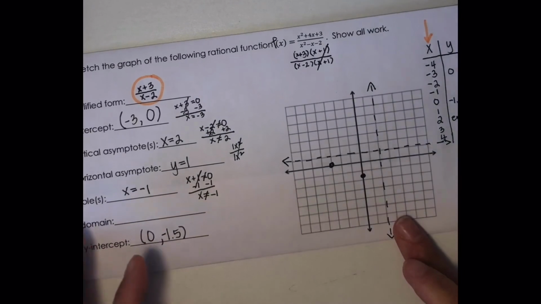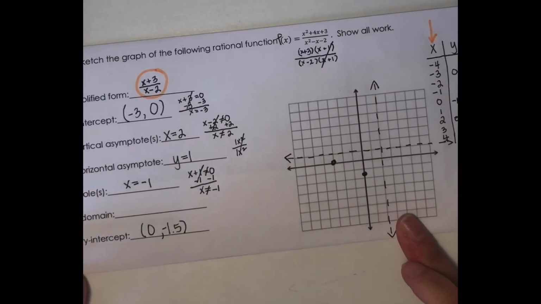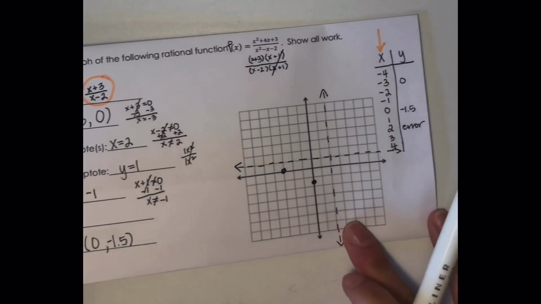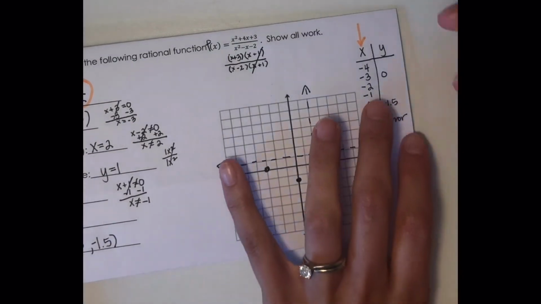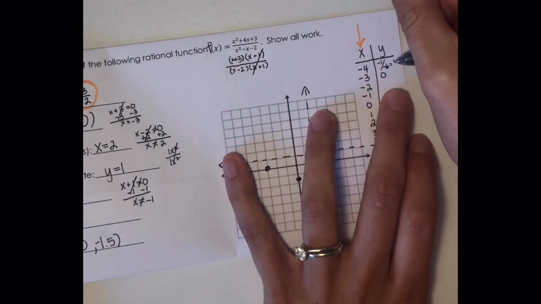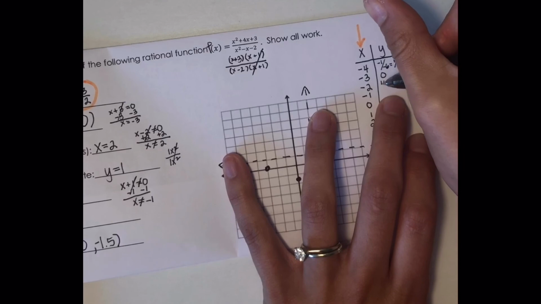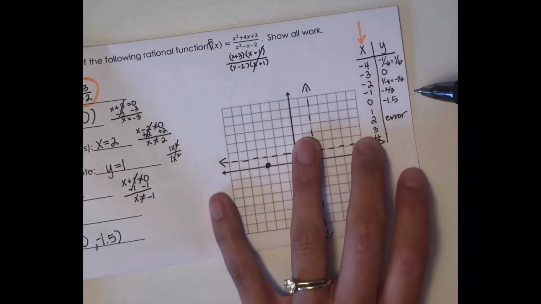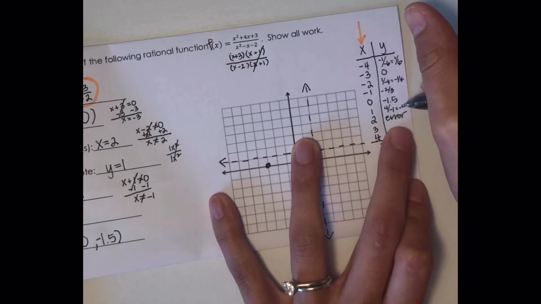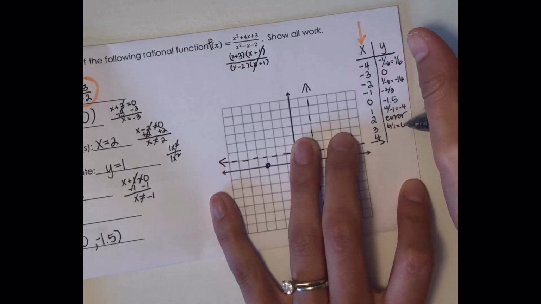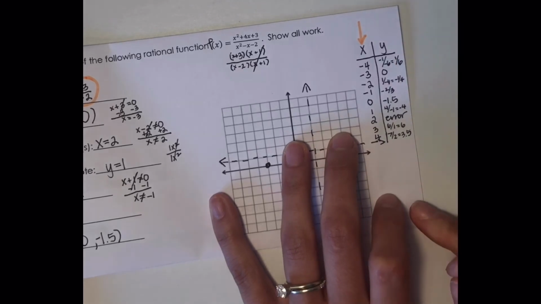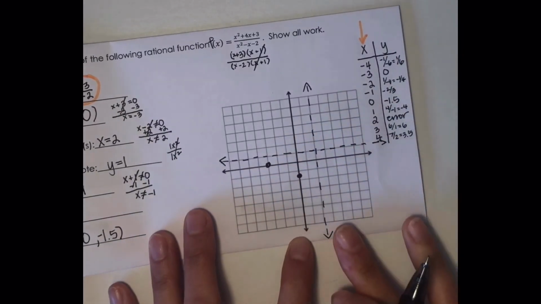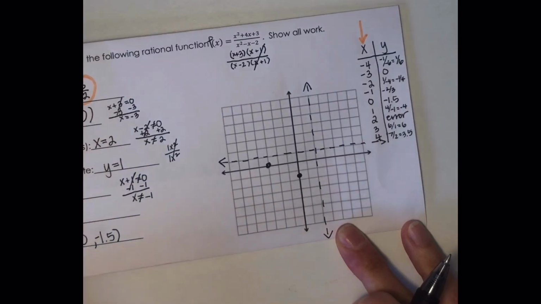I'm going to go pretty quickly through filling out this table, but you can always slow the video down if you need to. All right, so I'm going to graph these points. Again, I'm going to go kind of fast, but you can always slow it down if you need to.